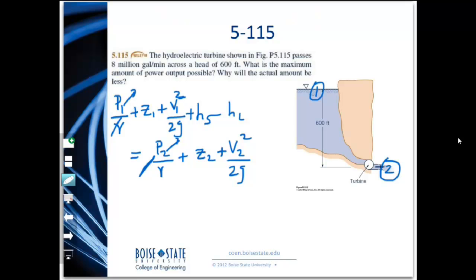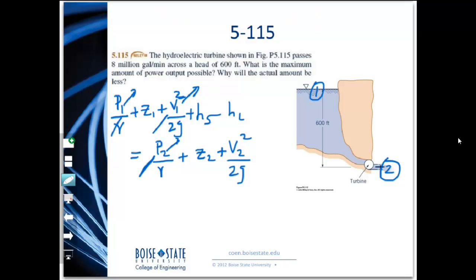Okay, so in this case P1 and P2 are zero gauge. For a large reservoir we know that V1 is zero. It's a very slow changing thing, right?